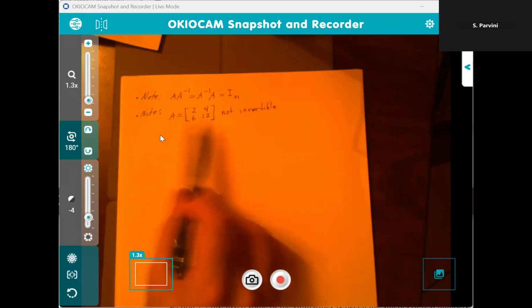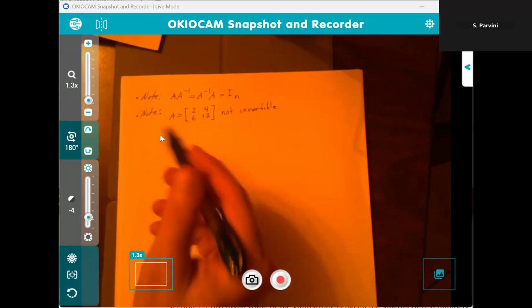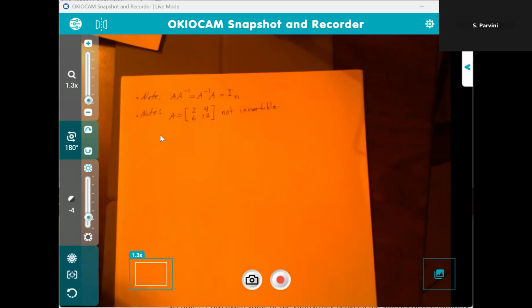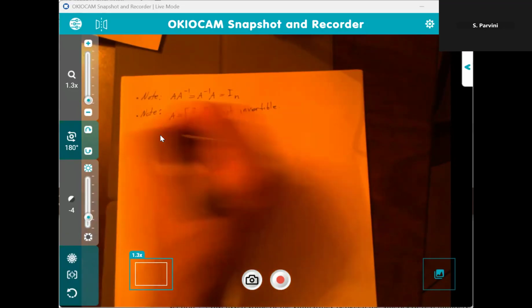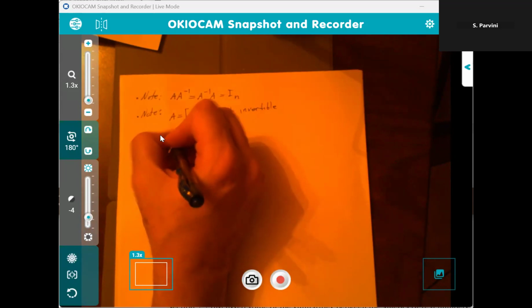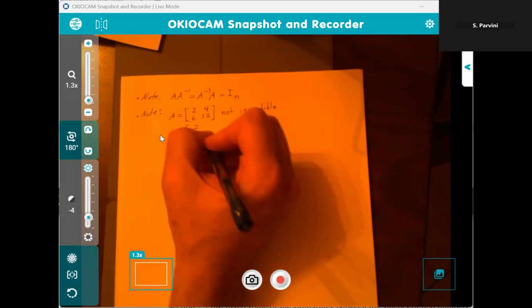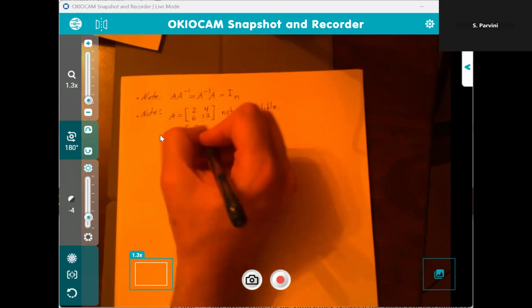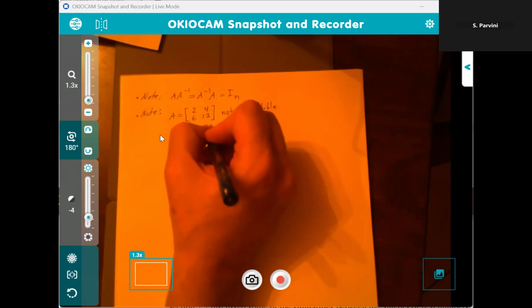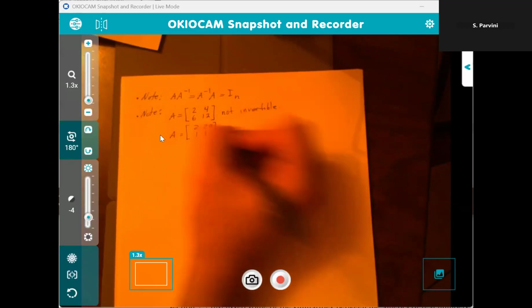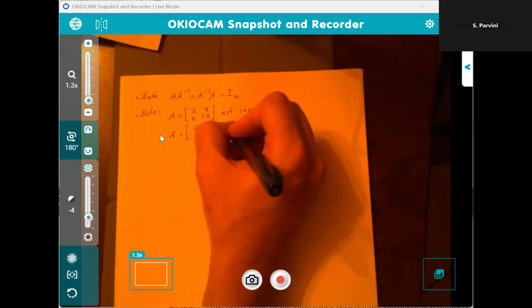I'm just giving you examples, and you can run it by a software and try to find the inverse. It tells you it cannot be done. Here's another matrix A, this time 2, 1, 20, 10. This one also is not invertible.